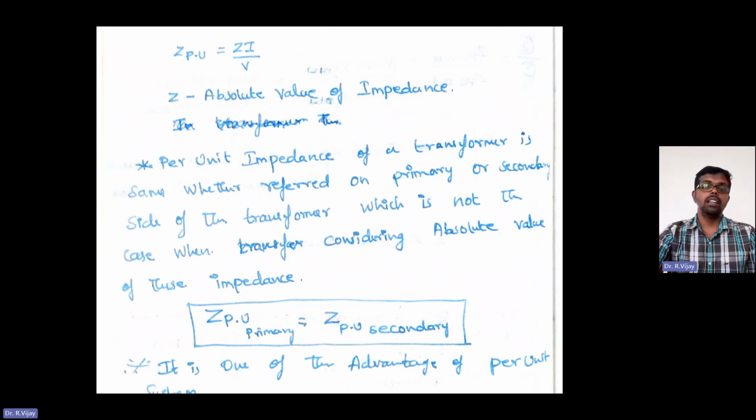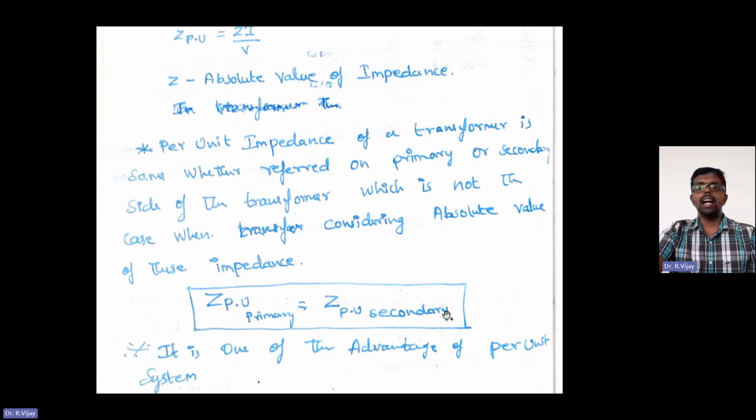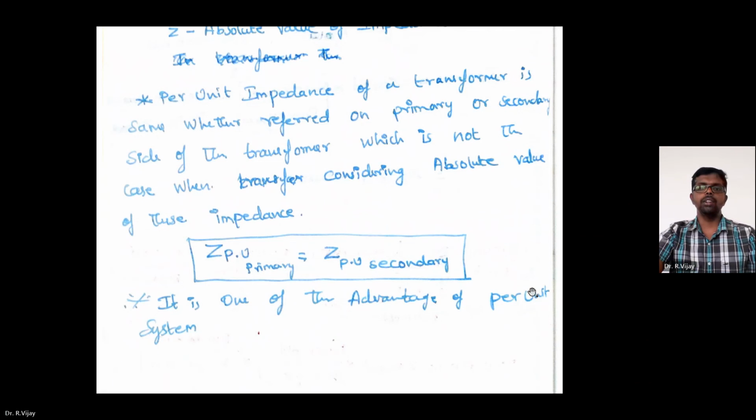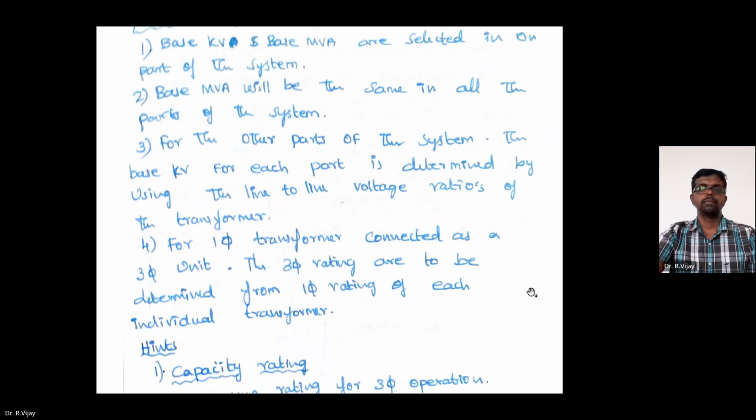Otherwise, Z per unit primary is equal to Z per unit secondary for transformers, not only for single phase but also for three phase. And it is one of the major advantages of this per unit system. This is one of the major advantages of the per unit system that you need to remember.